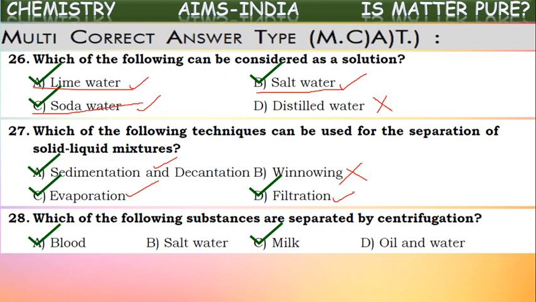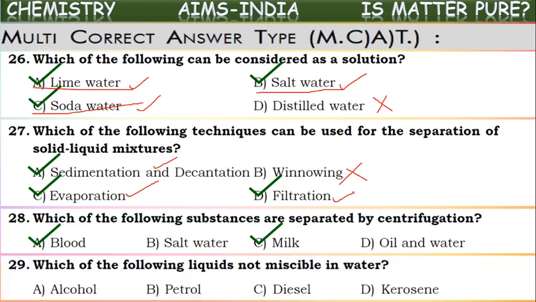Okay, next one. Which of the following liquids are not miscible in water? Not miscible means which of the following liquids will not dissolve into water, which will not mix with water. Alcohol is fairly soluble in water.